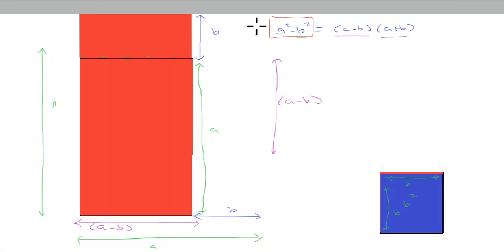The full length from here right down to here, this new piece, is going to be a plus b.